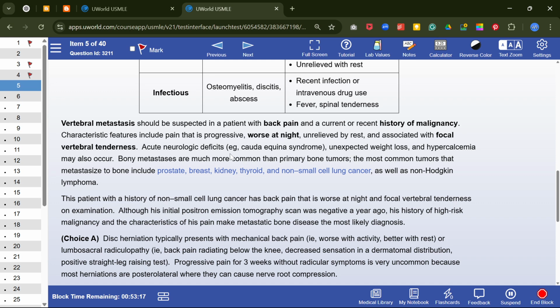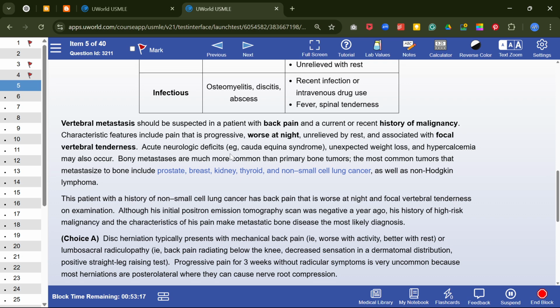Characteristic features include pain that is progressive, worse at night, unrelieved by rest, associated with focal vertebral tenderness, acute neurologic deficits, cauda equina syndrome, unexpected weight loss, and hypercalcemia may occur. Bony metastasis is much more common than primary bone tumor.